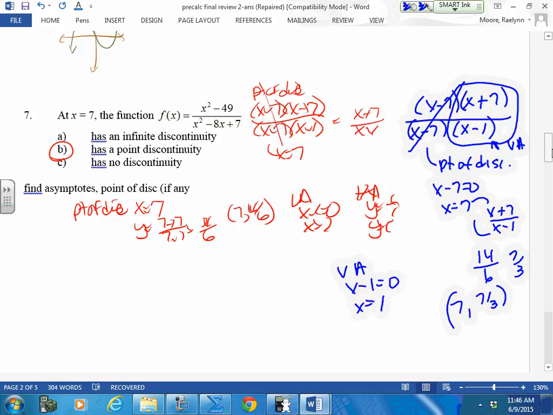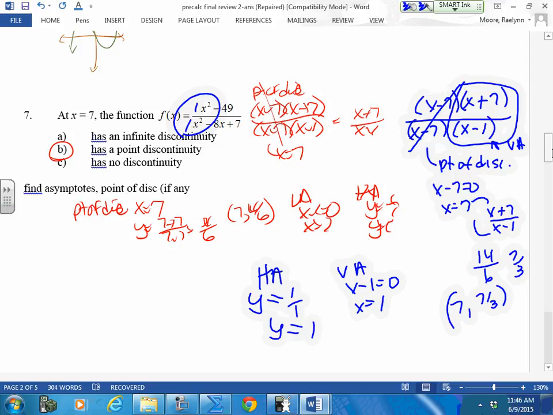When x is 1, I have a vertical asymptote. Horizontal asymptote says my degree in my numerator is the same as my degree in the denominator, so y is the ratio of their coefficients. If I did a limit as x approached infinity, its value would be 1. It's going to approach a y of 1.